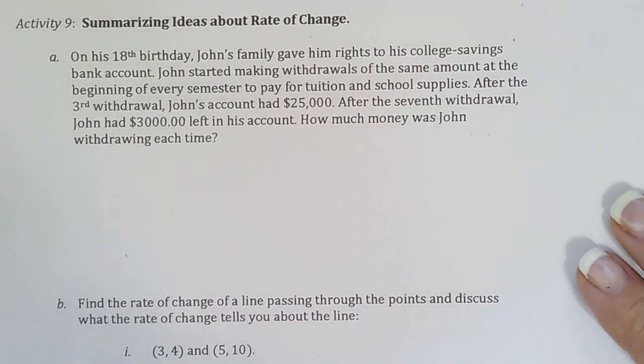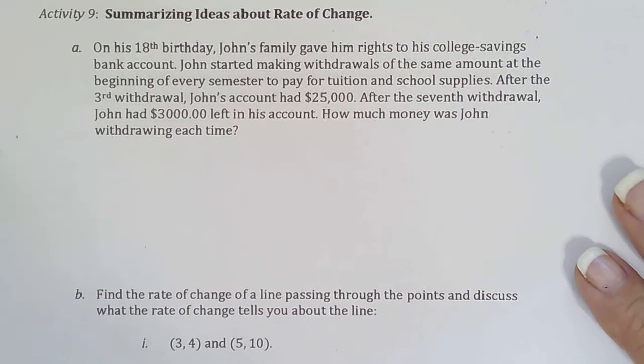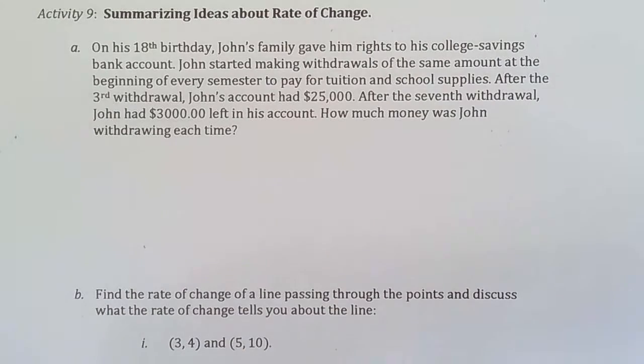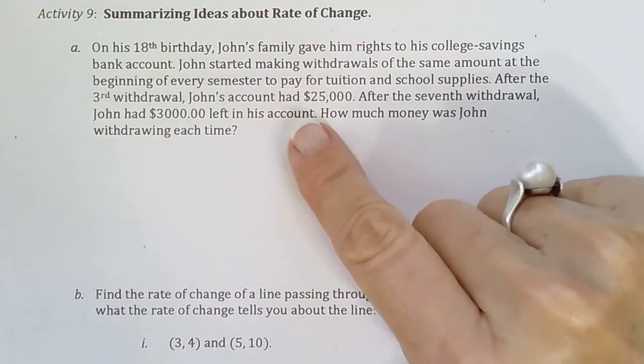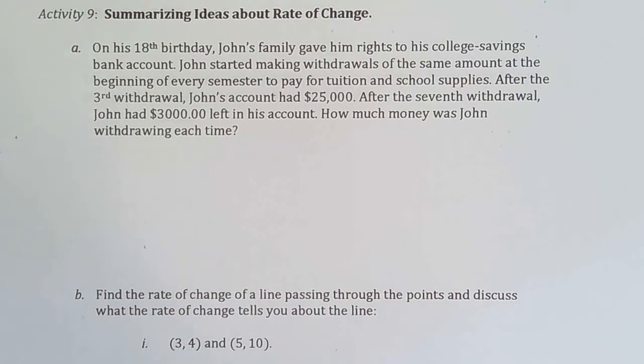So this kind of gives you an idea of other things that rate of change can do. We saw they talk about how fast a car moves, but we can also talk about how fast money's leaving our account, how fast our money is growing, how fast a record's turning on a turntable. So rate of change can mean a lot of things. This one is going to be dealing with money.